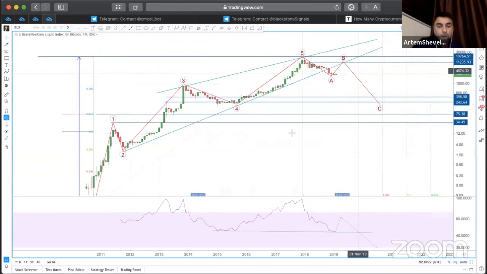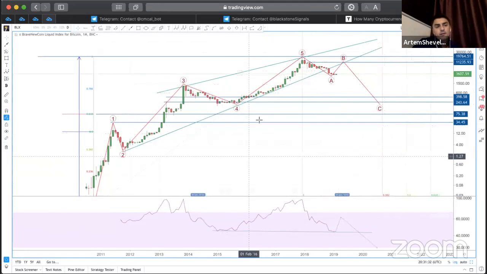Okay. So after each step of the market, we need to make confirmations for ourselves, because if we're gonna hold blindly, we will not win anything. We need to focus on the market. We don't need to know what will be next, but we need to know where we are right now.